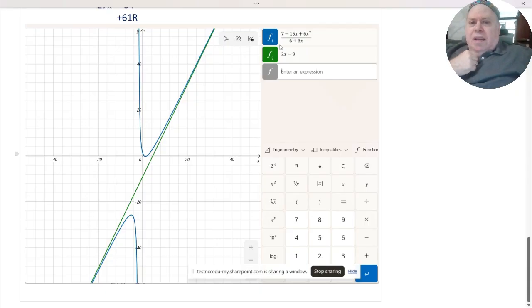Here you see the original function and 2x minus 9, and you see that this is very clearly the slant asymptote, and these each are by 5s when you go from 0 to 20. So x equals minus 2 is the vertical asymptote. You can see the two asymptotes on this graph.